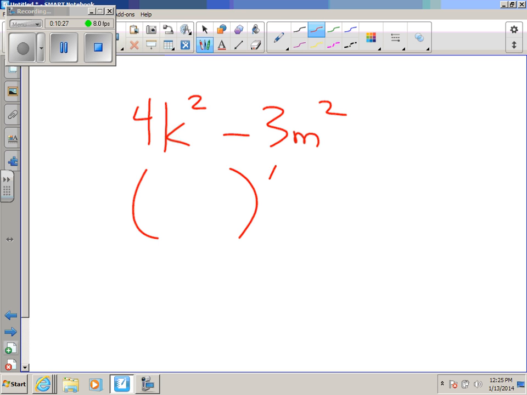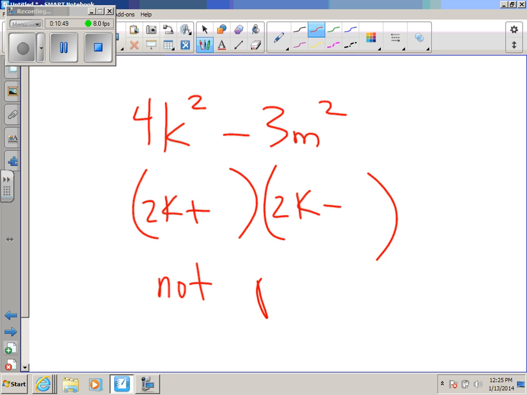So we set it up, getting ready for difference of squares. 4k squared is the square of 2k, right? And negative 3m squared, is it the square of anything? No. So if you ran across something like that, you could just say, not possible.